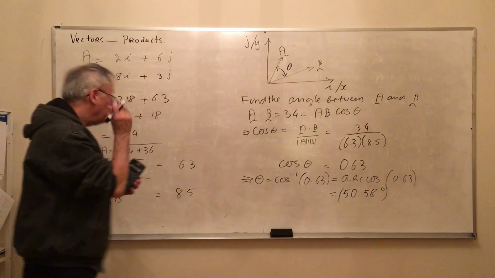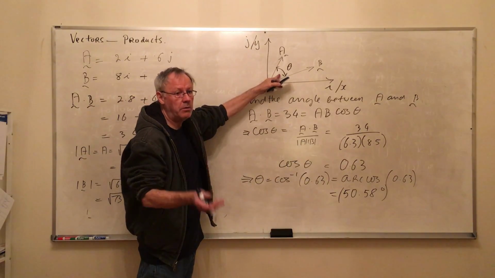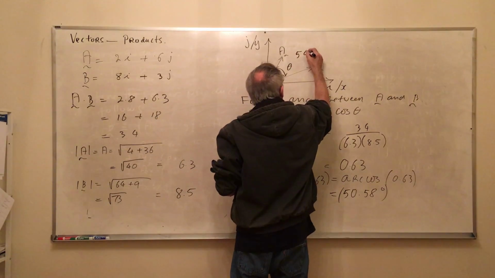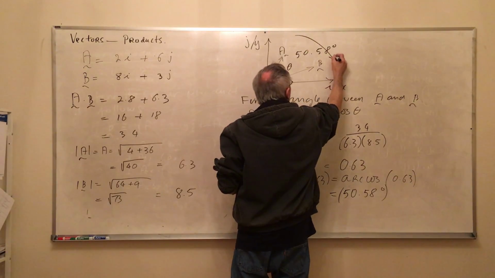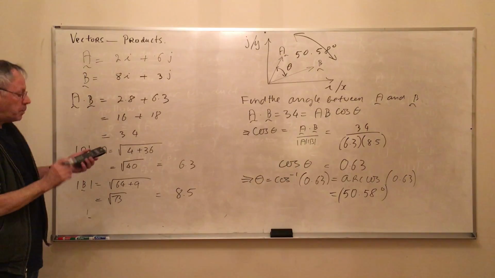So therefore, these two vectors, and you can see even with my rough diagram that the angle is roughly like that. So now we've done the scalar product.